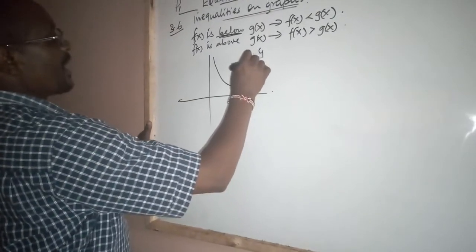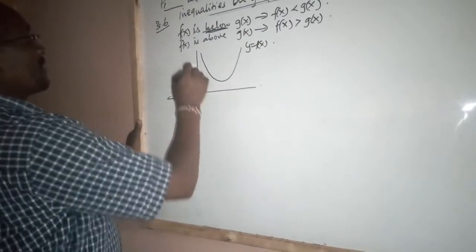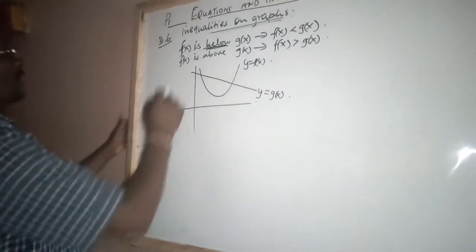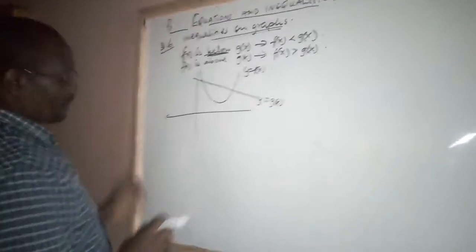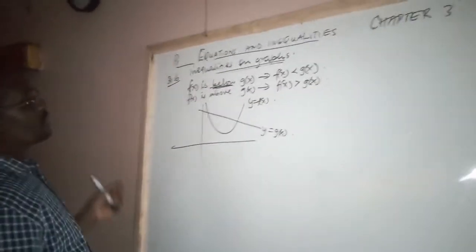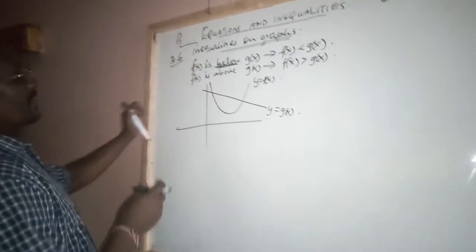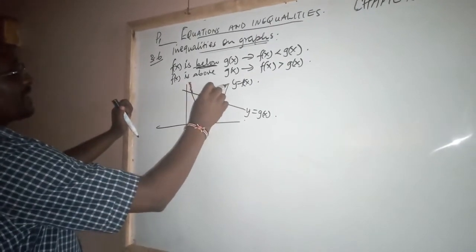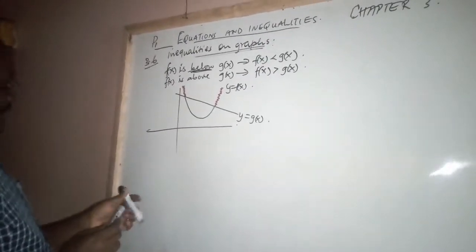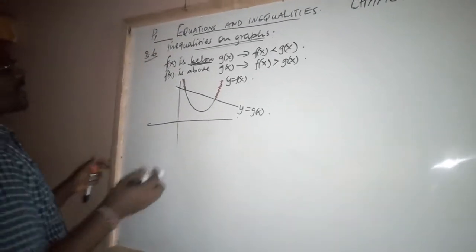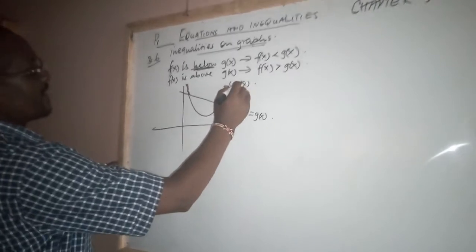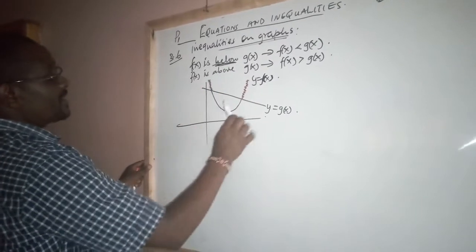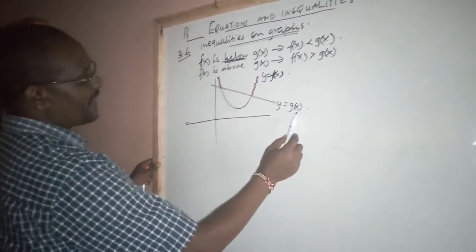If we have y equals f(x) and y equals g(x), you will see two regions within these graphs, with two graphs on the same set of axes. Within the region shaded red, the y values given by the function f(x) are above the y values given by g(x).